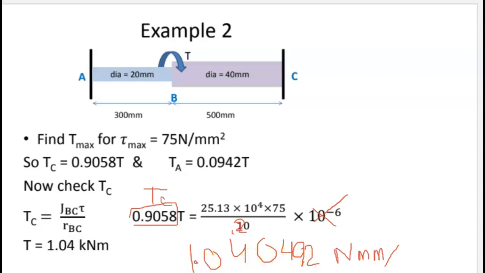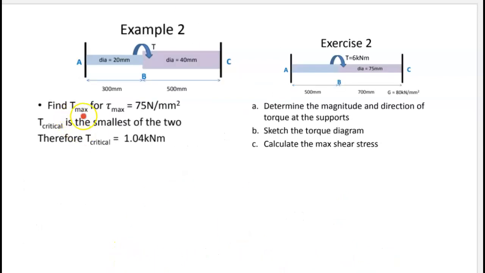The first decimal comes here, which will convert that into meters, so that becomes newton meters. Then you move 3 more places back here, here, here, and that will convert newton into kilonewton. That will be your answer, 1.04. Then if I want to refine the T maximum, T critical is the smallest value, which is 1.04.